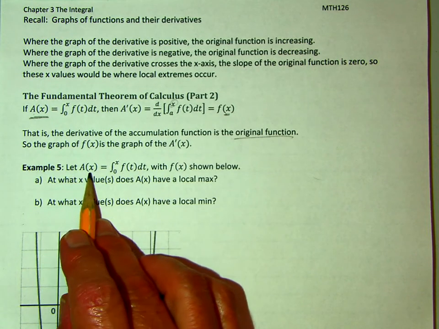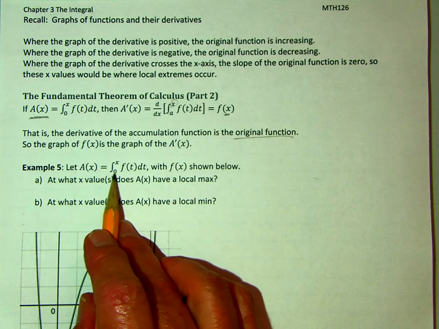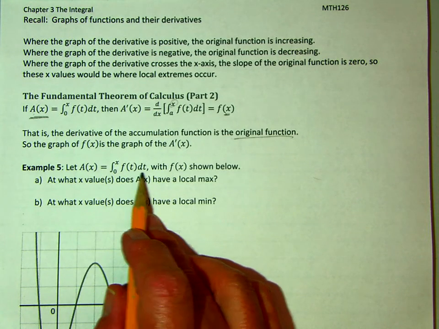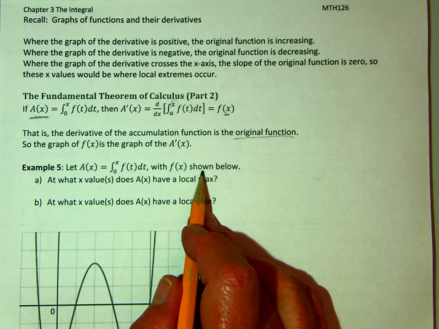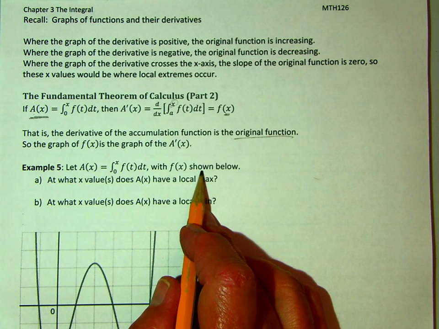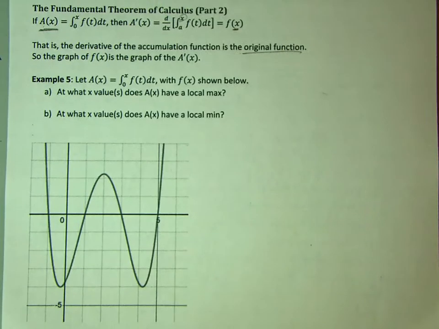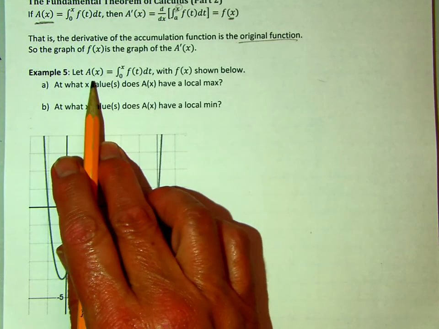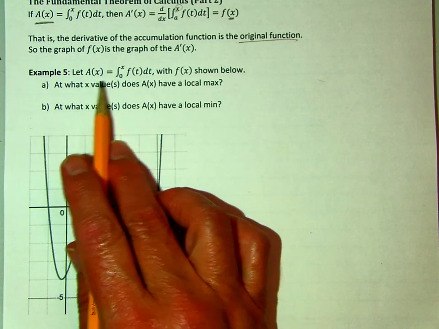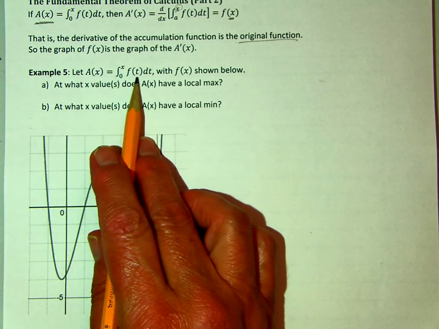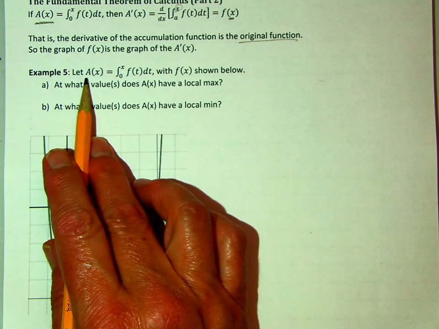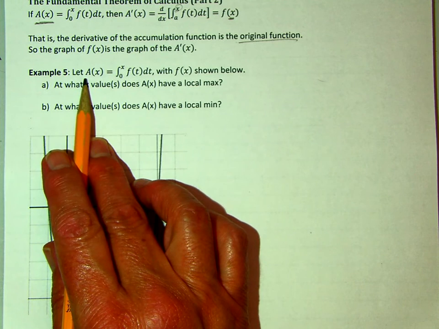So let's let the accumulation function be the integral from 0 to x of f of t dt with f of x shown below. So what we're saying is, if the accumulation function is the integral of this function, then this function is the derivative of the accumulation function.